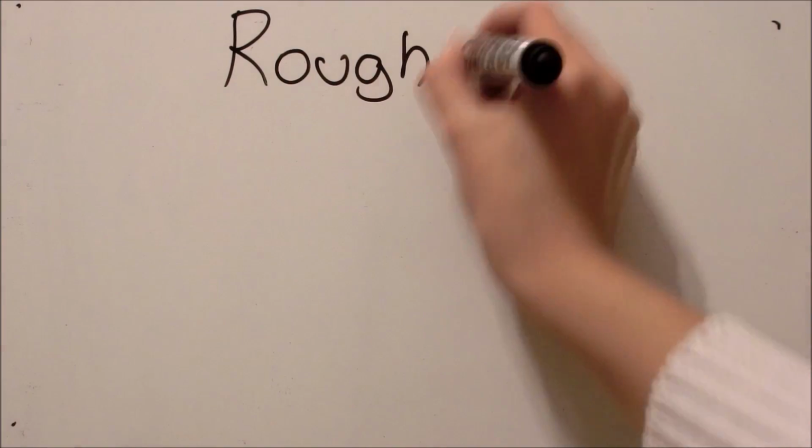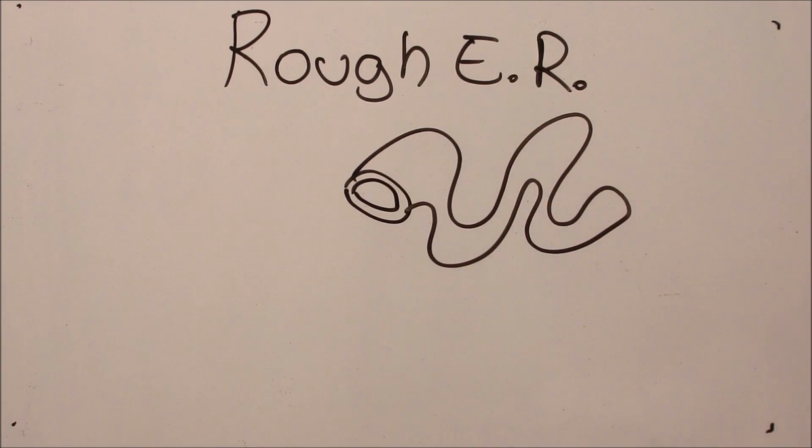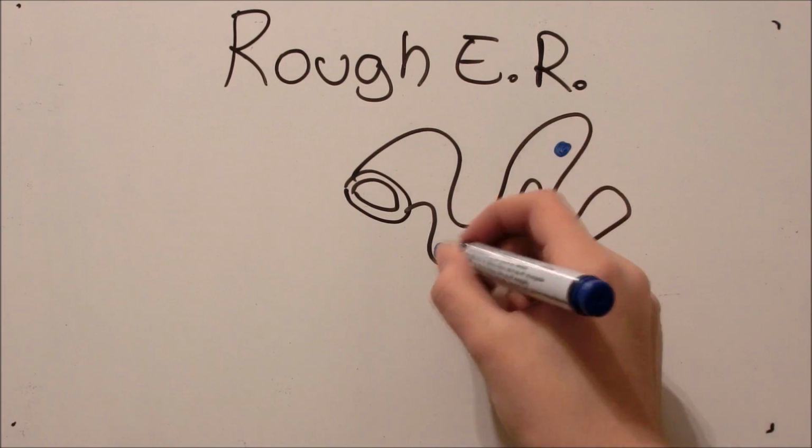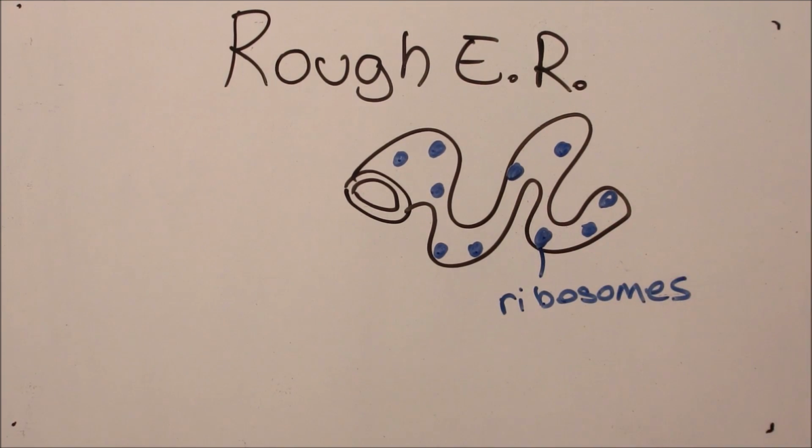First, we are going to talk about the rough ER. It is covered in protein-producing ribosomes. It kind of looks like this, and those ribosomes give it this rough appearance.